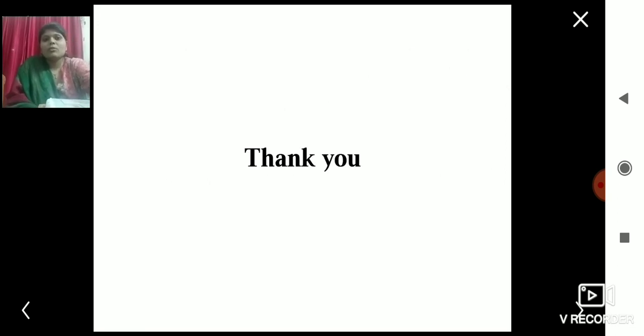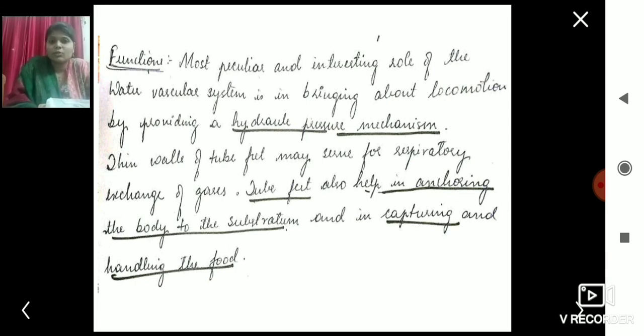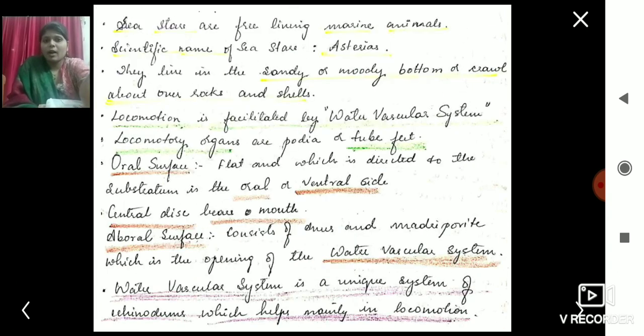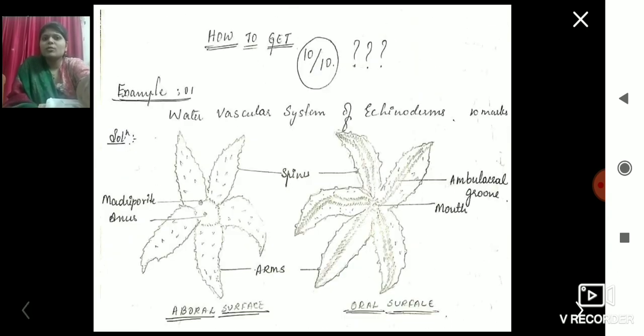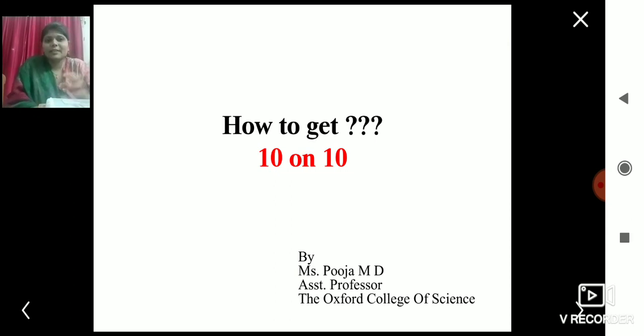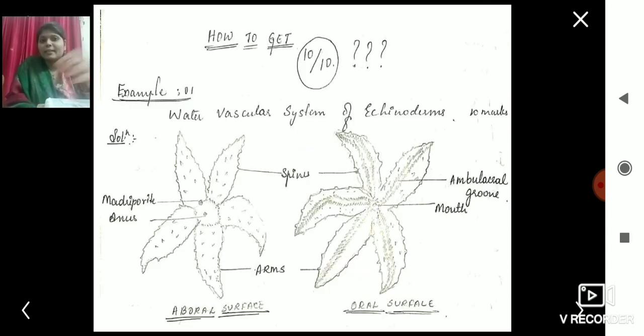Presentation is very important, and how you present your answer is going to matter a lot. Okay, this is all about the topic of how to get 10 on 10. So try doing it, and you will definitely get 10 on 10.